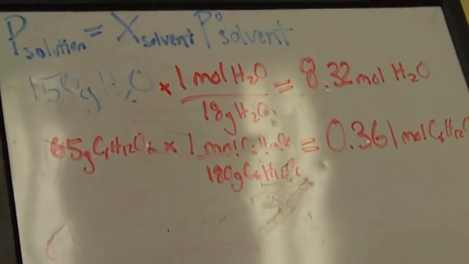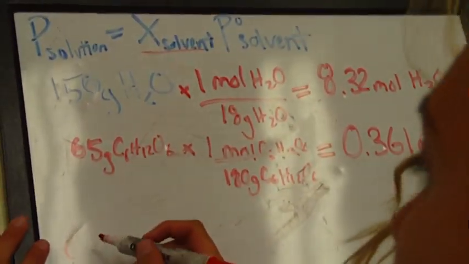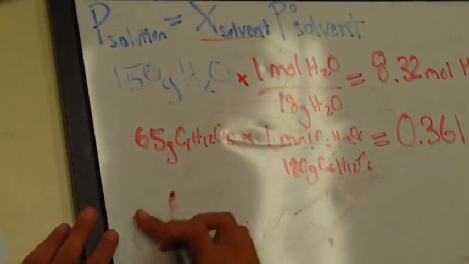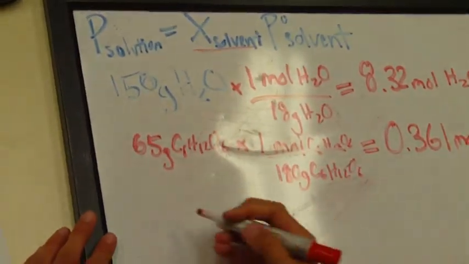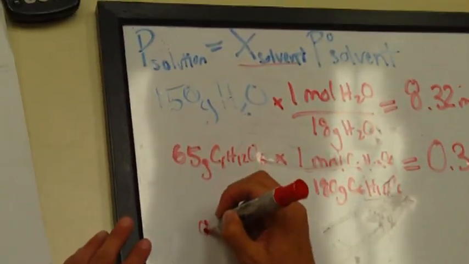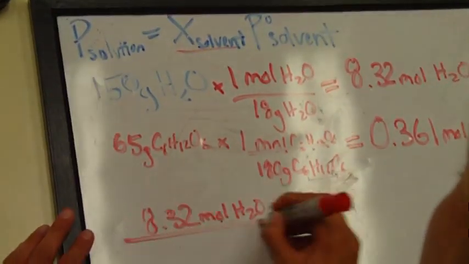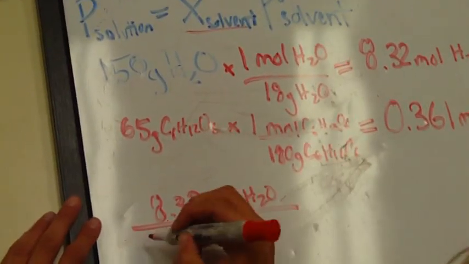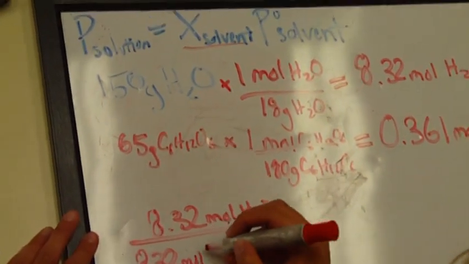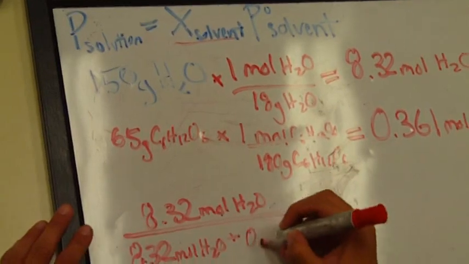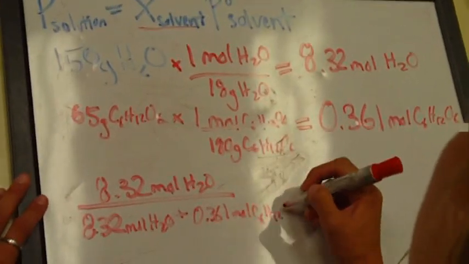Okay, so now that we have everything in moles, we can get the mole fraction. We can plug it into this equation. We need the mole fraction of the solvent, which is water, so we put the solvent on top: 8.32 moles of water over the whole, which is 8.32 moles of water plus our moles of solute glucose.